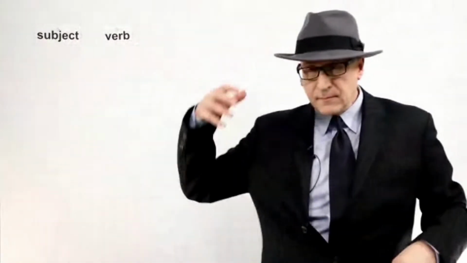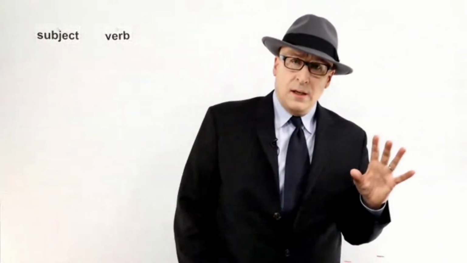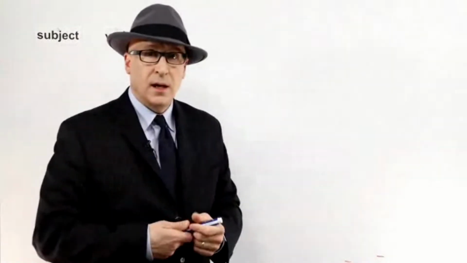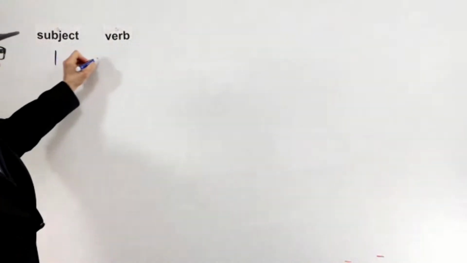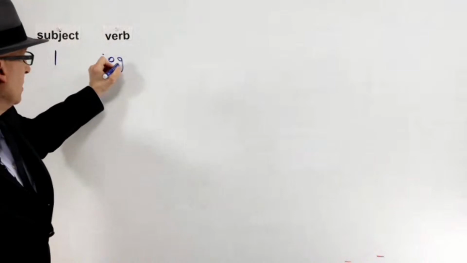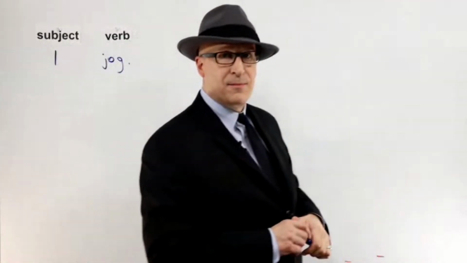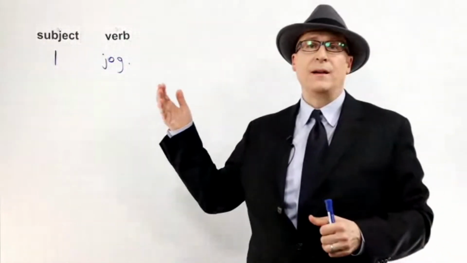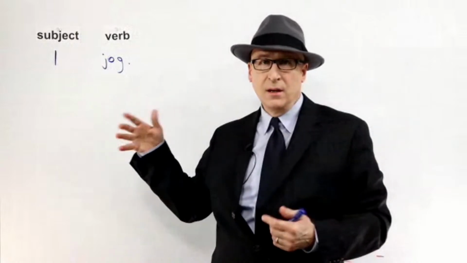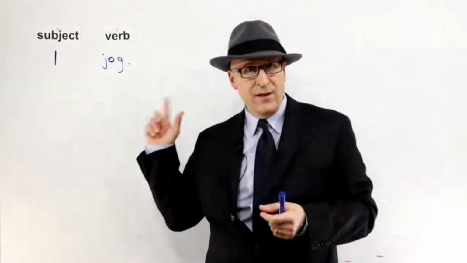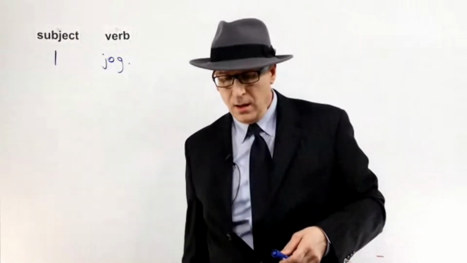Subject, verb. And we said that some sentences can be very simple. They can simply be two words. I jog, right? It's my hobby. It's my routine. Every day I jog. All you need is a subject and a verb, and that is a complete idea.